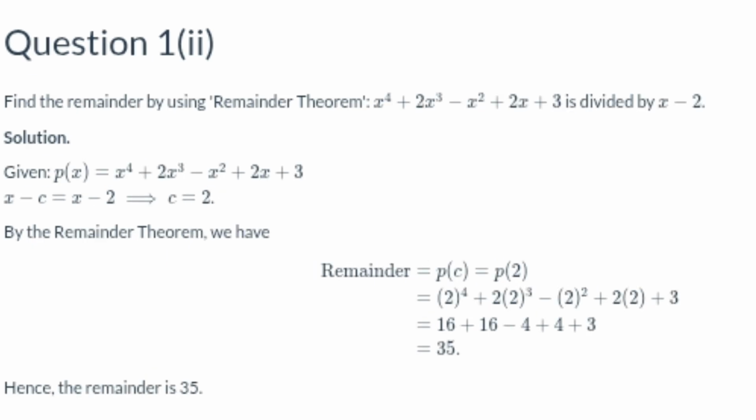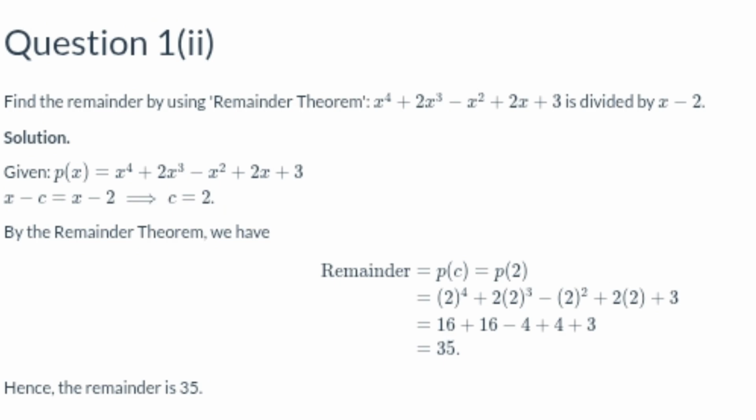Again, we use the remainder theorem. Let p(x) = x⁴ + 2x³ - x² + x + 3. Since the polynomial is divided by x - 2, we set x - 2 equal to 0, which means x = 2. The remainder is p(2).